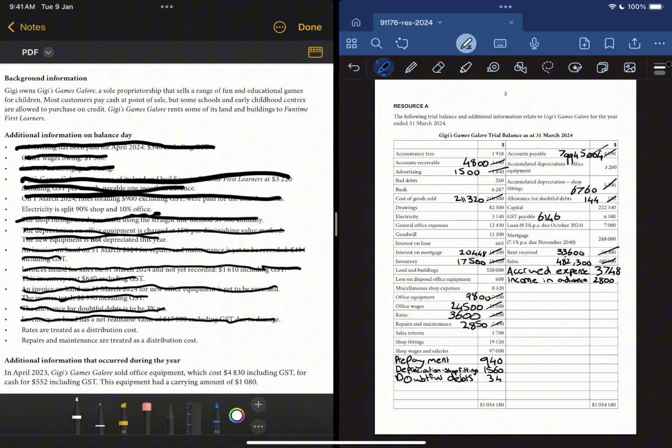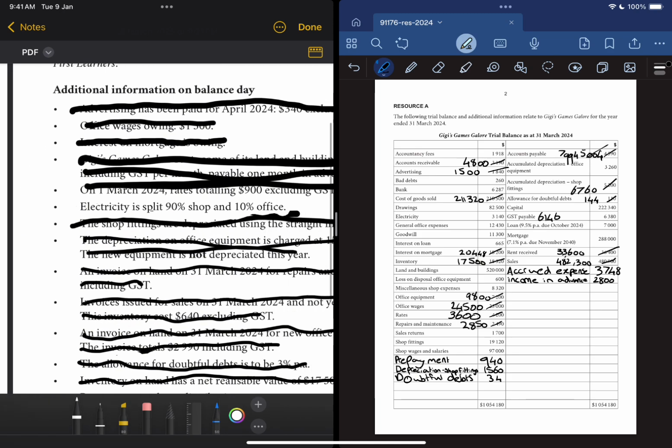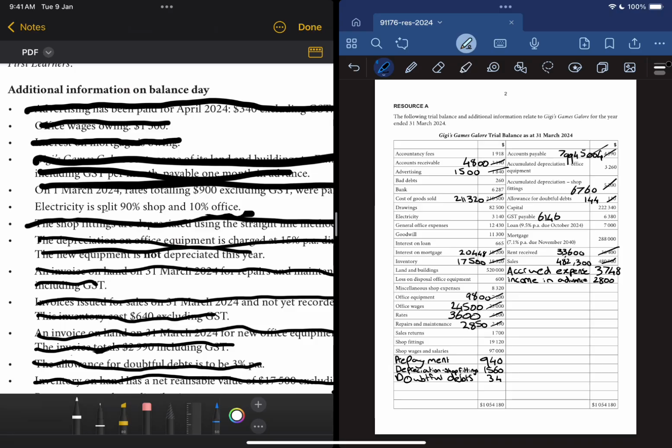Now, just quickly, guys, these two bullet points here, they're not data as such that we're going to put into our trial balance. They're just some data that we're going to use to classify different stuff in our income statement, just so it's all in the right place. And that's the same with this up here, which I got rid of it being highlighted. Electricity is split 90% shop and 10% office.